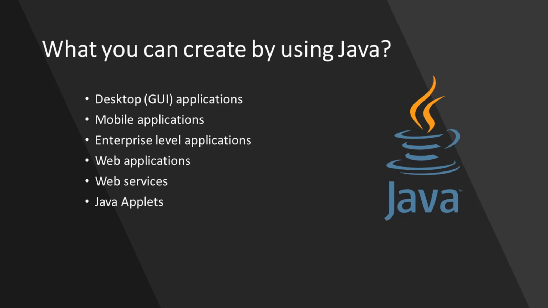Java is one of the popular programming languages having a large number of applications. Desktop GUI application is one among them. Desktop applications can easily be developed using Java. Java also provides graphical user interface development capabilities through various means, mainly Abstract Windowing Toolkit, Swing, and JavaFX.